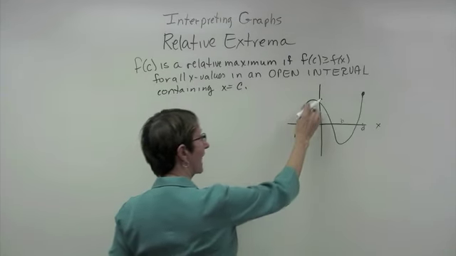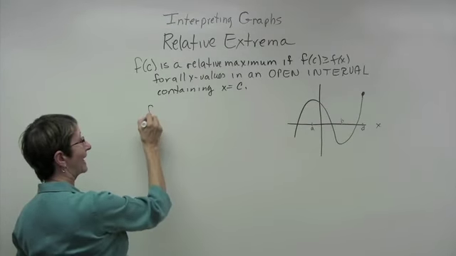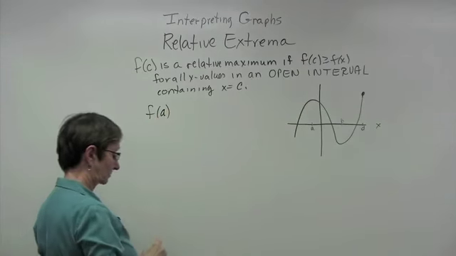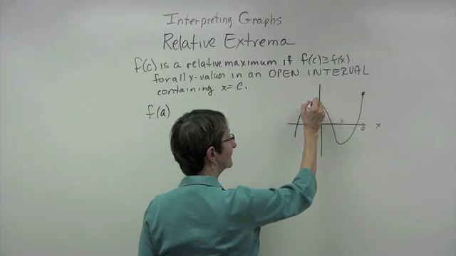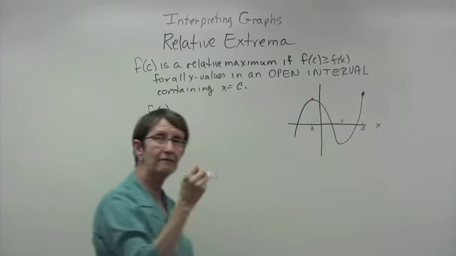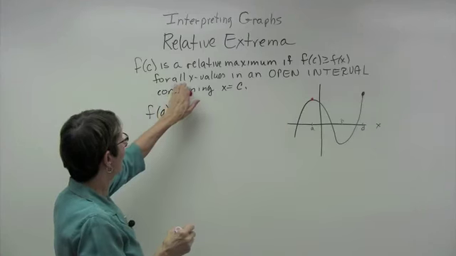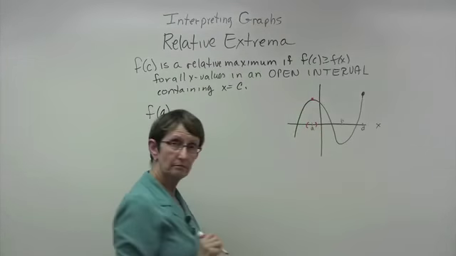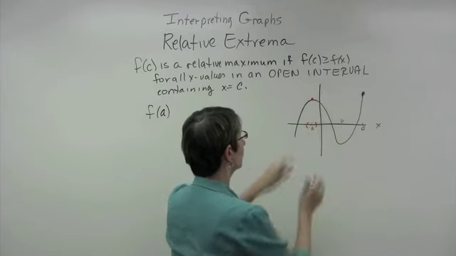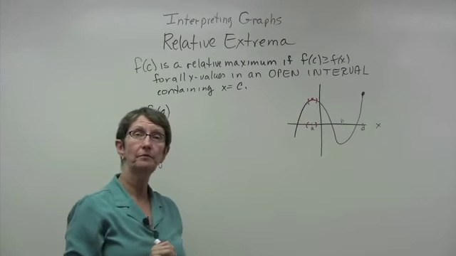So if I look at a high point, here's a high point right up here. Let's look at f of a. And f of a is this point at the top, the y value when x equals a. All the x values in an interval around that point. If I go around that point, that is the highest point.